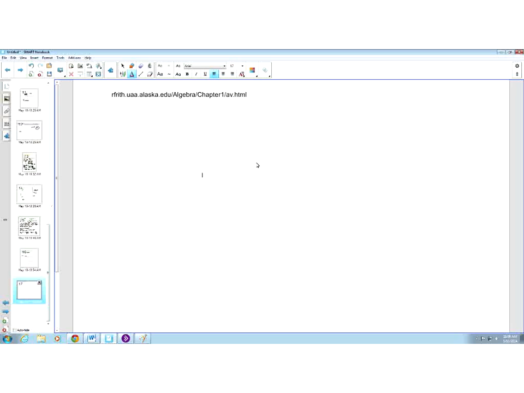Here's a link. It's a rather comprehensive link on solving equations with absolute value, and it's replete with examples.